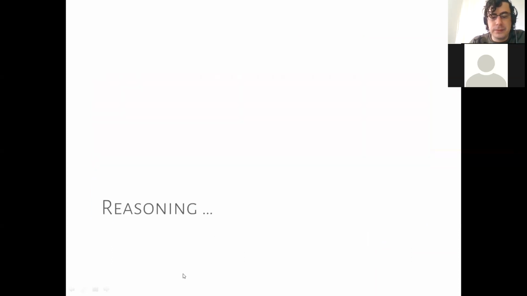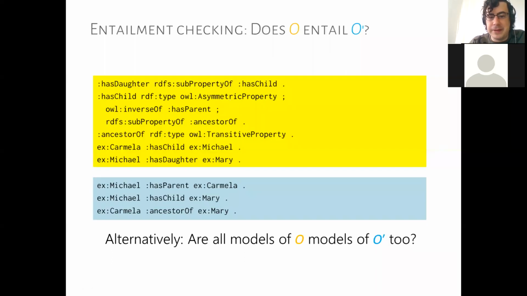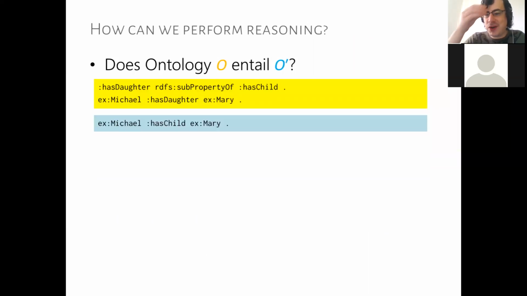So how are we going to implement these tasks? For this, we refer to reasoning as the procedure, the computational way that we're going to try to implement these tasks. So for example, how are we going to implement, does ontology O entail O prime?